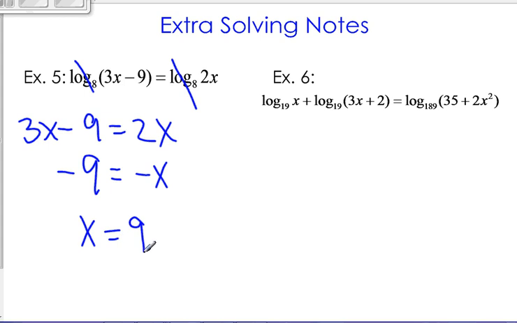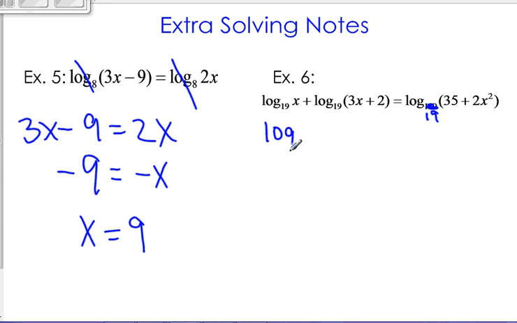Okay, example 6, now we've added some operations. I actually see that I had a typo there. This should just be base of 19. Okay, so I'm noticing that all of the bases are the same. So I need to get down to one-to-one, but I need to have a log base 19 equaling a log base 19. So I'm going to have to combine my terms here on the left side. And there is a plus, and we're going to use our log property of addition, which tells us we're now multiplying.